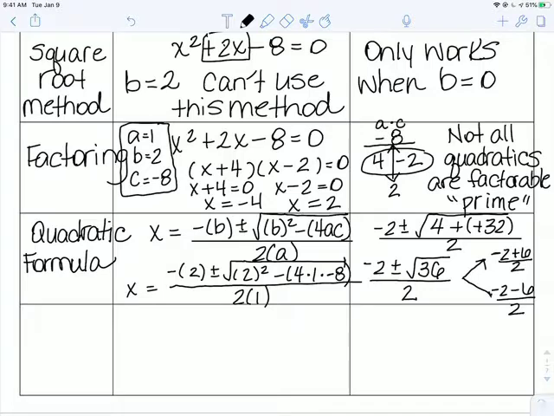And we'll come down here to finish it up. So negative 2 plus 6 is going to be a 4 divided by 2, which is giving me 2.